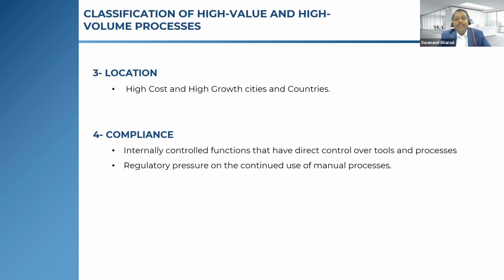Because when we implement, we follow all the rules and regulations, and a machine does not make any kind of mistake. A mistake is possible for any human, but not from a machine. So we need to avoid more manual or repetitive tasks and implement those tasks using RPA tools and technology.